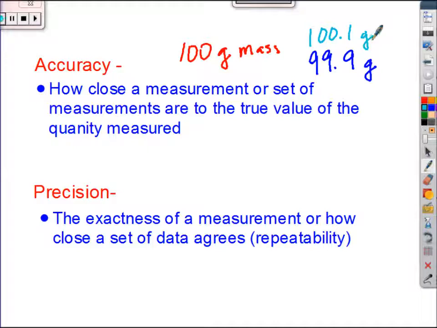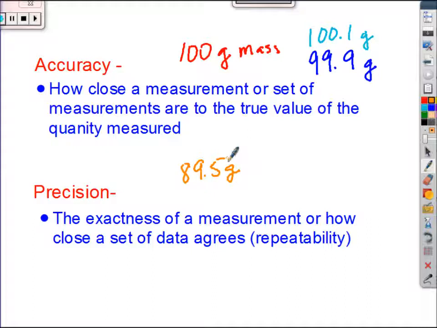Now, say my scale is actually off and I don't know it. Somebody dropped the scale, or was playing with it and pushing on it, or spilled some chemicals on it. I take my mass back there and weigh it, and it reads 89.5 grams.